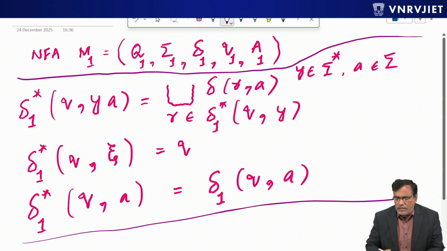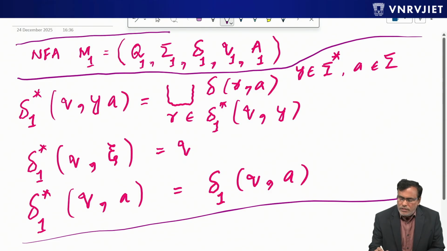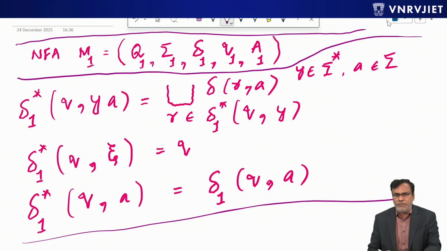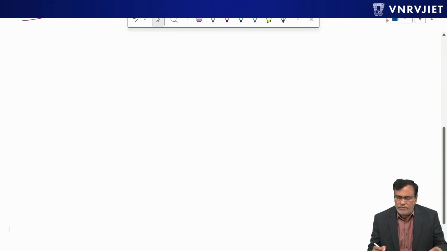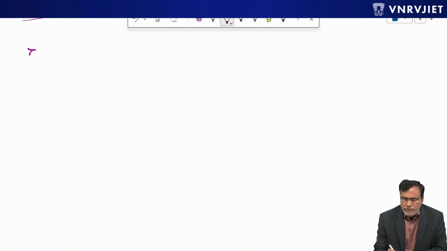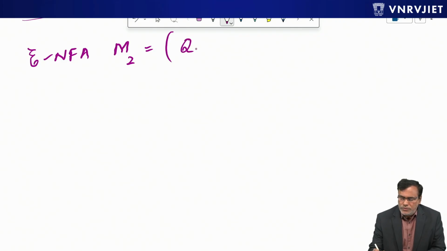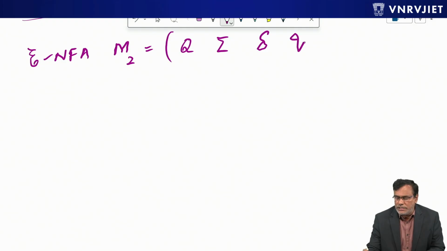This is about NFA. Now, let us first look at the definition of epsilon NFA. Epsilon NFA, I'm going to denote with, say, M2. This is also a five-tuple: Q, sigma, transition function delta, start state, and a set of acceptor final states.